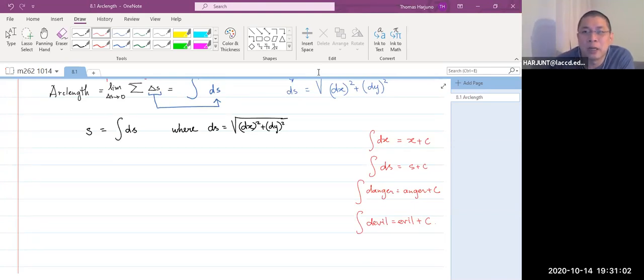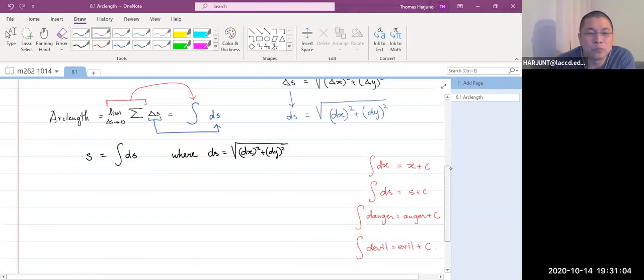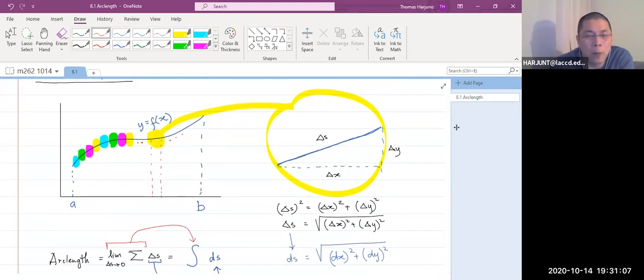Now, let's come back here, from our sketch, from our graph here.